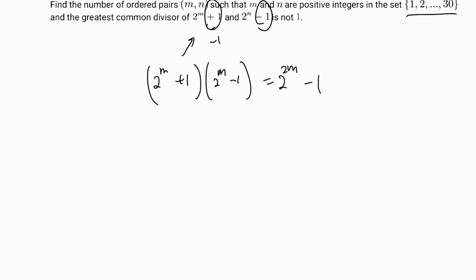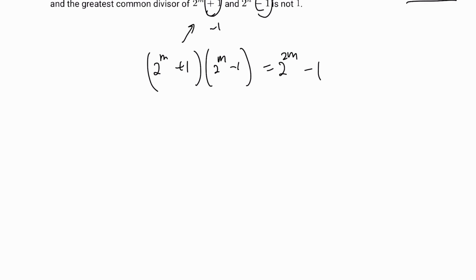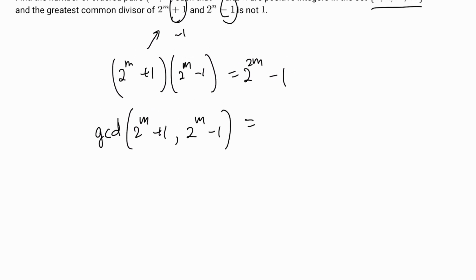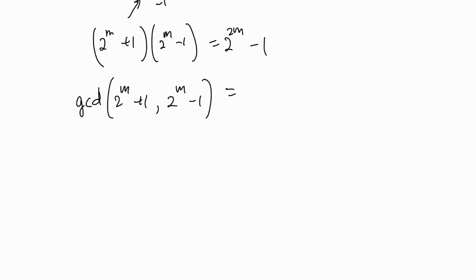A simple way of doing so is to first check the GCD of 2^m + 1 and 2^m - 1. Their difference is 2, and by the Euclidean algorithm, we can just replace that with a 2.